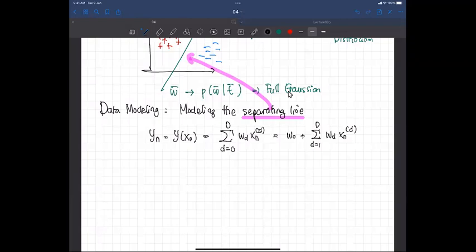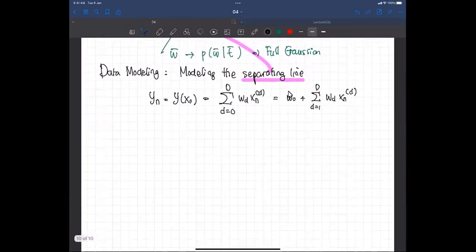So t there is in the parenthesis, means that it is not actually power. It's nothing to do with power, but I will explain later on what it means by that. And you know that this one can be simplified into W transpose xn bar. So now the question is what is the meaning of this xn bar, right?